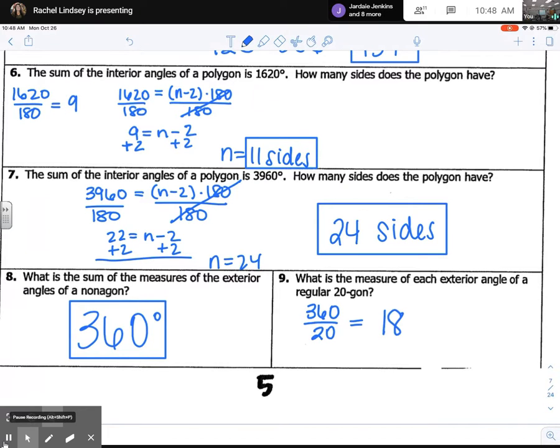Why are you dividing by 20 and not by 9? Because it's a 20-gon. So 360 divided by 20 is 18, so 18 degrees.